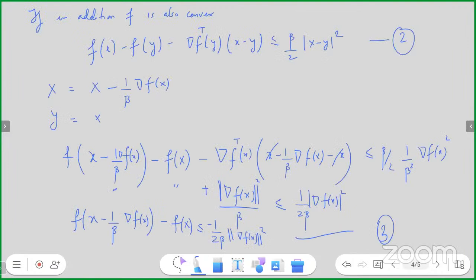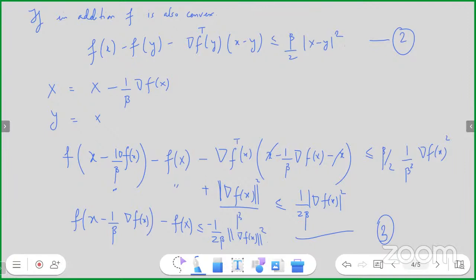So much decrease is happening. This is one step, right? One step of iteration gives you so much.